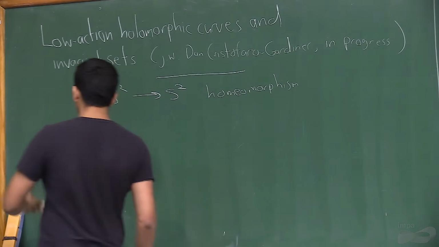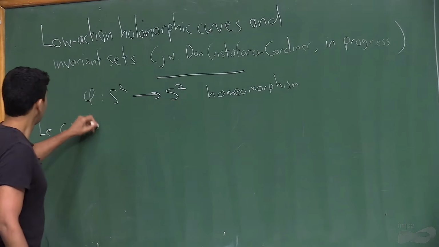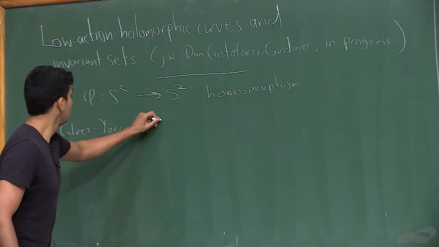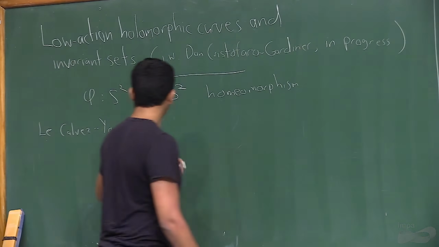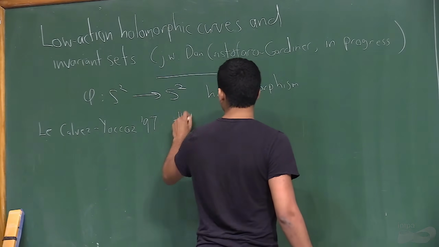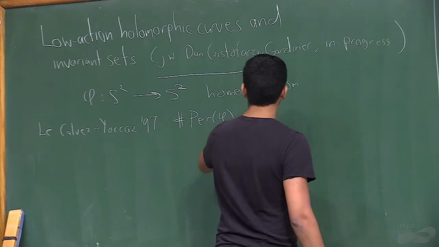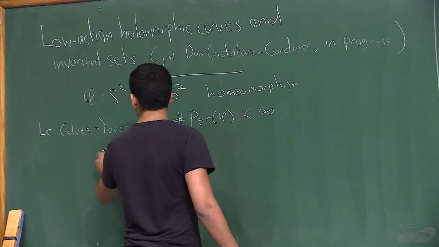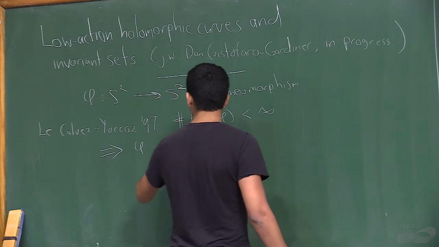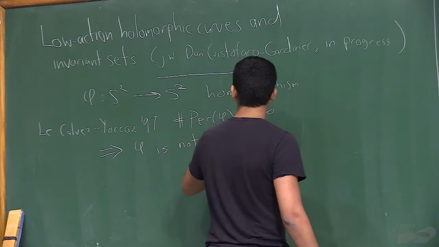There's a well-known result by Le Calvez and Yoccoz in '97, which says that if the map phi has a finite number of periodic points, then the homeomorphism phi is not minimal on the complement.